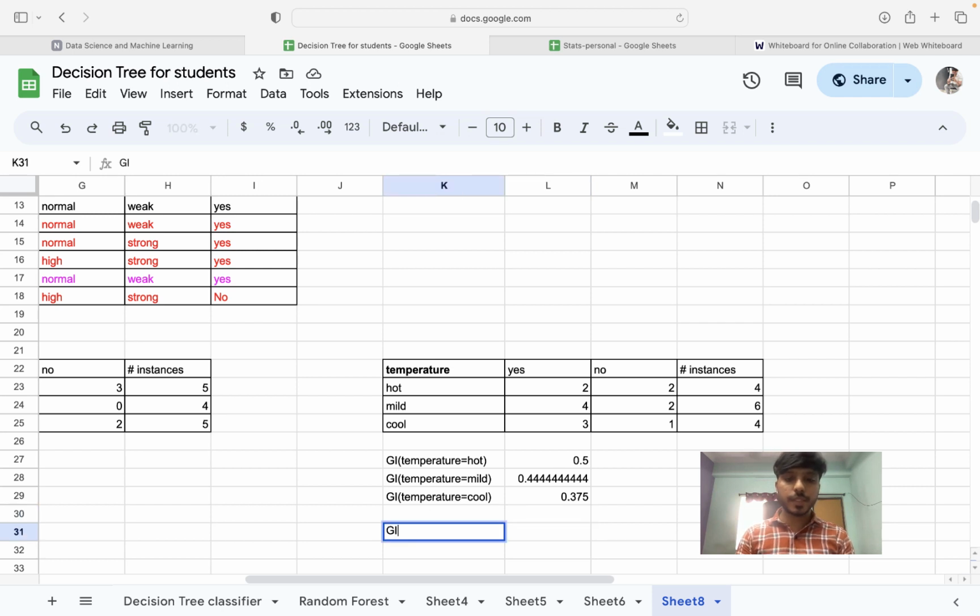So I need to calculate the weighted average of the entire column. How do I do it? Before I do it, I'll show you this total. This is 14.